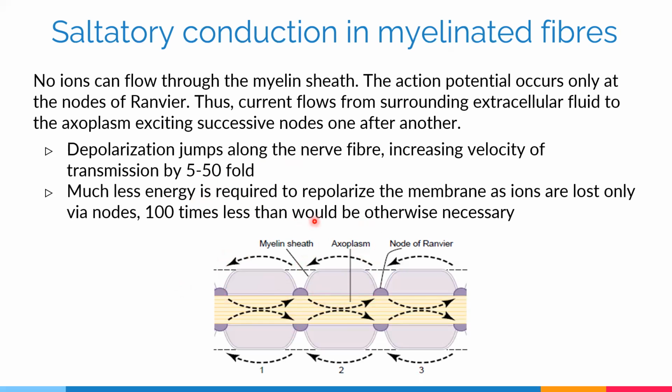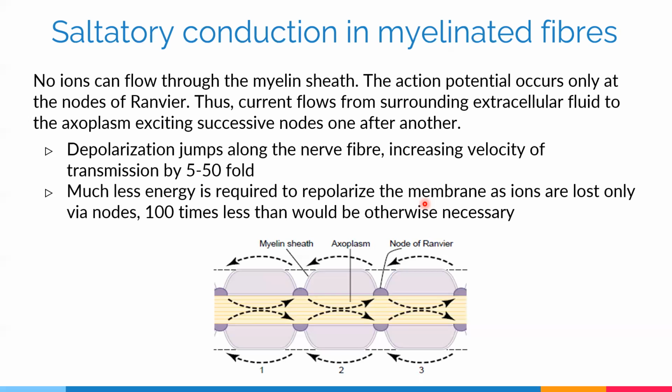Further, much less energy is required to repolarize the membrane, as we have seen that after depolarization, repolarization also occurs, and repolarization will occur because of the movement of ions across the membrane. And to maintain the concentration gradients across the membrane, the major part is played by the sodium potassium pump, which starts pumping the excess sodium ions that have come into the cell and the excess potassium that has gone out of the cell in the reverse direction, so that the concentration gradient can be re-maintained.